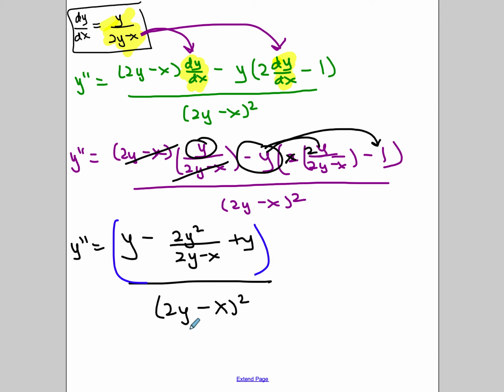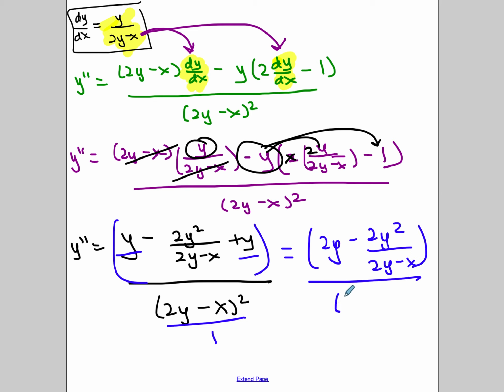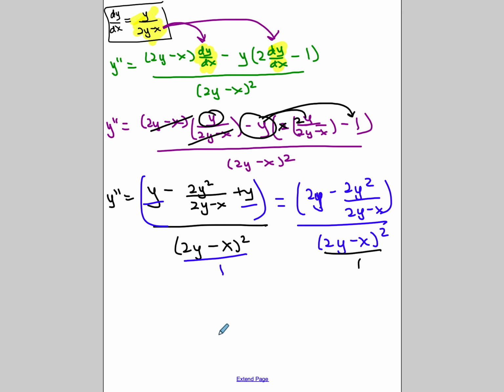Okay, so this is all in parentheses, and I'm going to multiply by the reciprocal. So this is going to become 2y minus 2y squared all over 2y minus x, all over 2y minus x squared. Same thing as I did in the last one. I'm going to multiply by this reciprocal, so 1 over that.